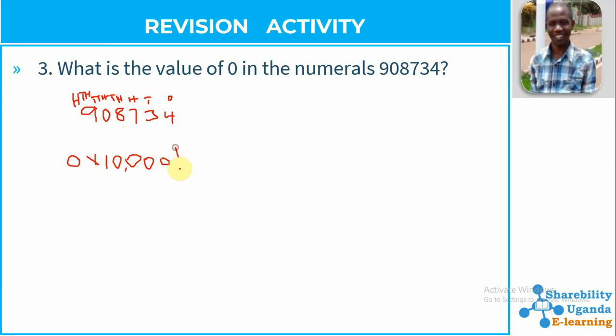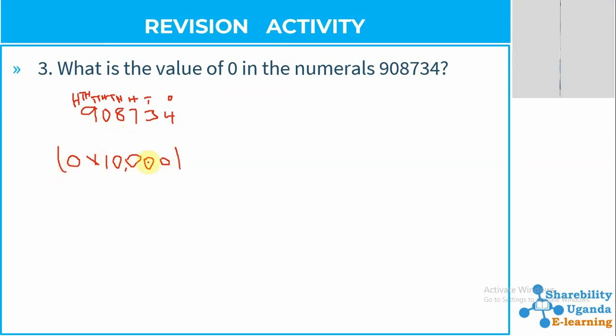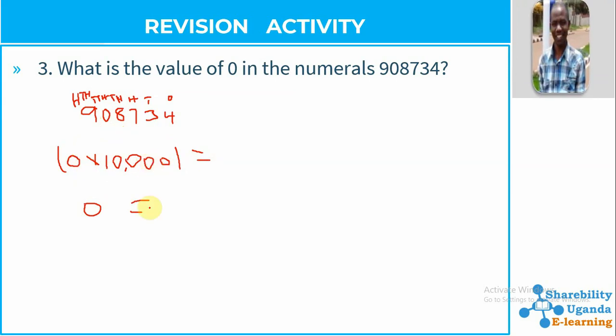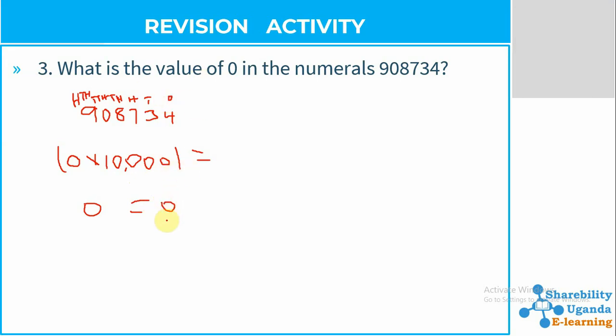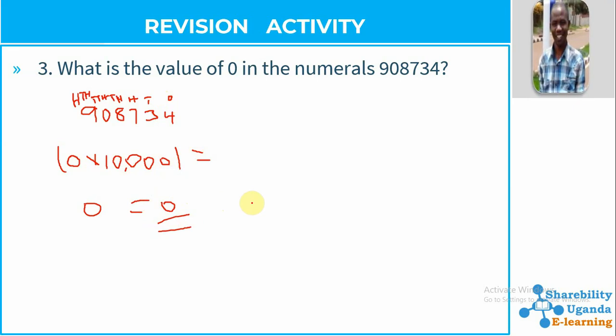The answer we are going to get should be equal to our value of 0. So 0 times this, our answer is going to remain 0. When they tell you to find the value of 0, it is still going to remain 0, because when you multiply 0 by all this, you still come up with 0. So that was the trick in these two numbers.